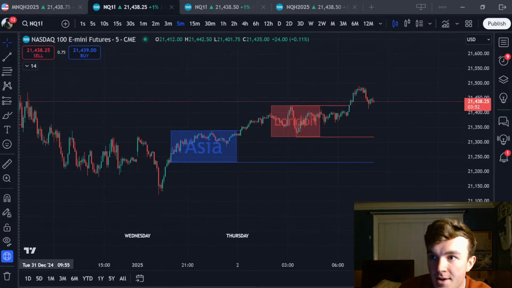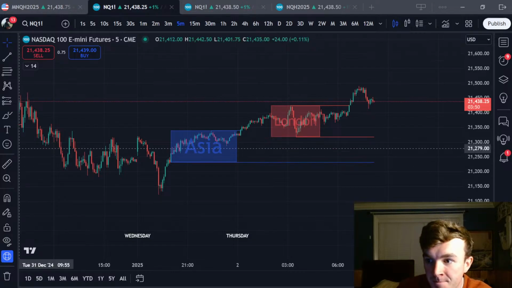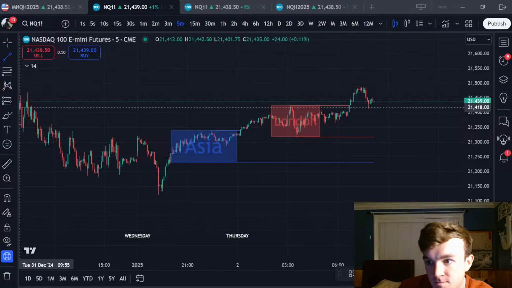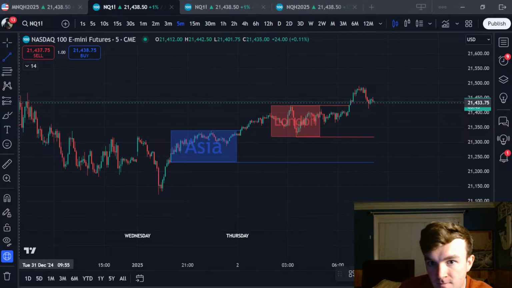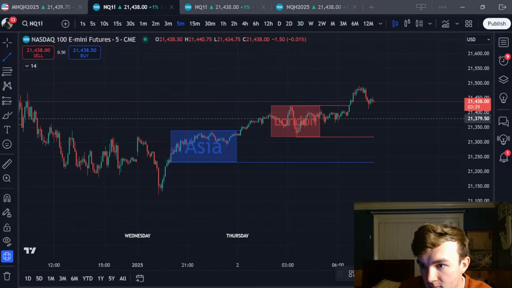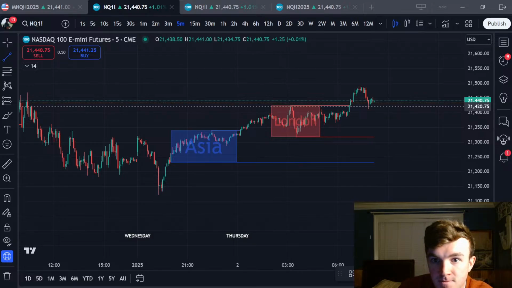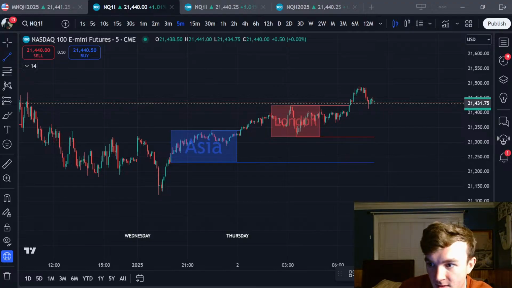So let's draw out different key levels here. Check this out. I can draw out the key levels on my other chart, and then you can see them on this chart, right?